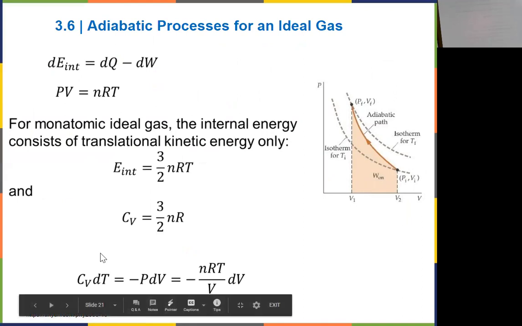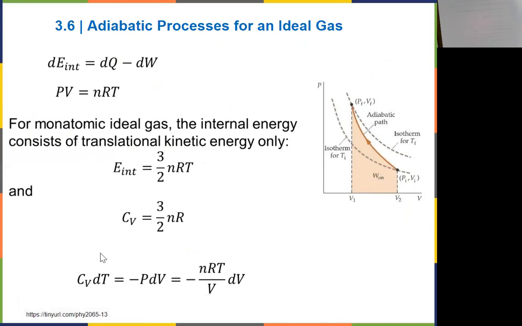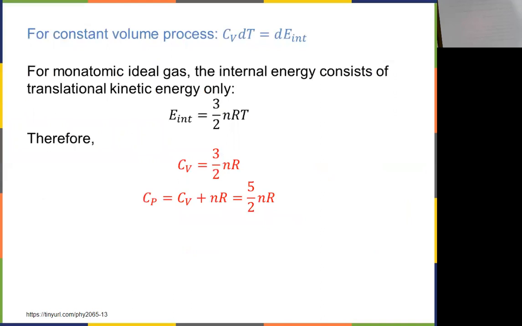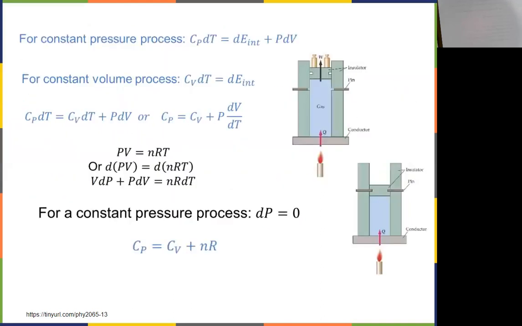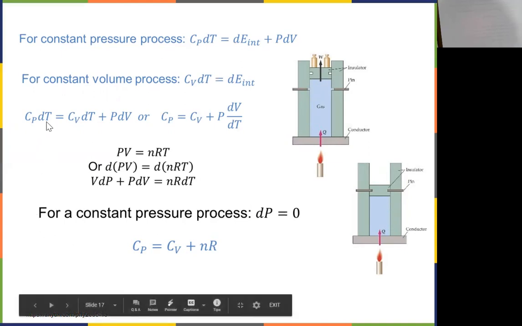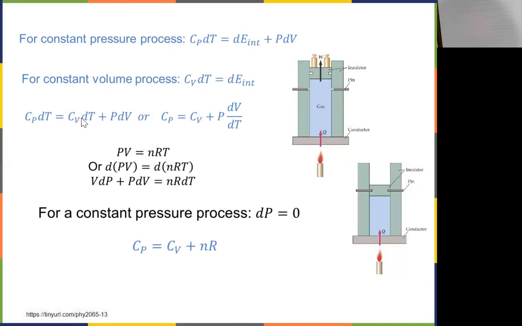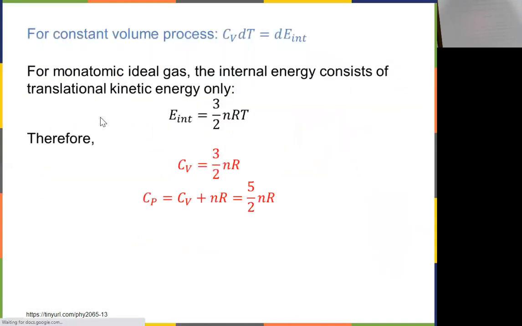Let me see if Cv times dT. It looks like it's from this guy here. If dV is equal to 0, then you have Cv dT equal to minus P dV.